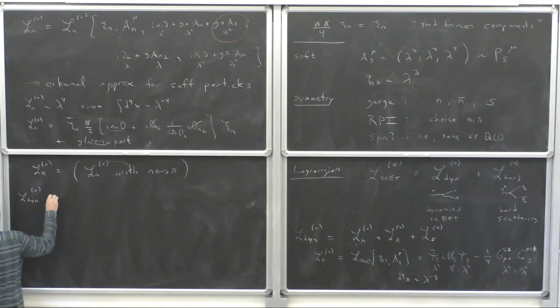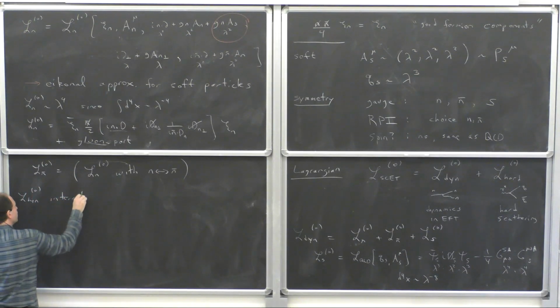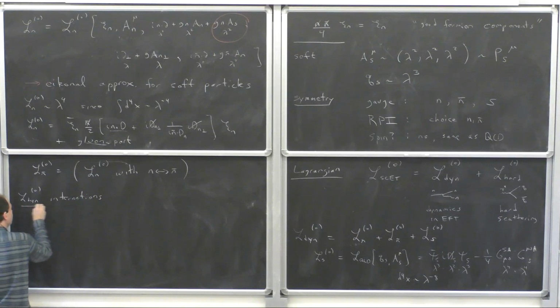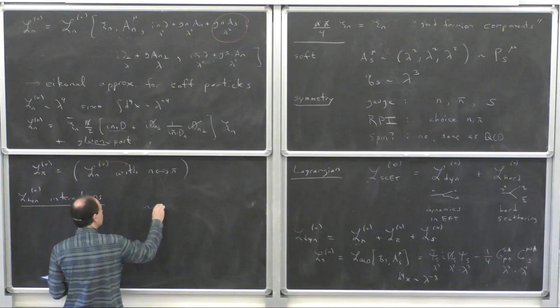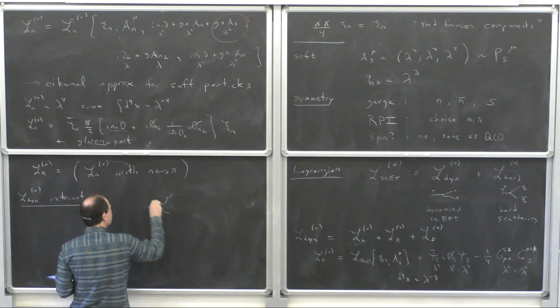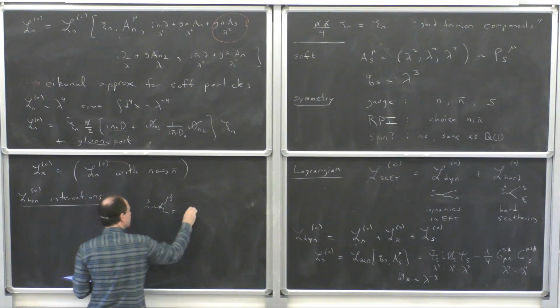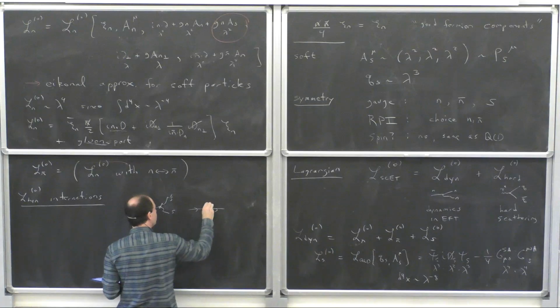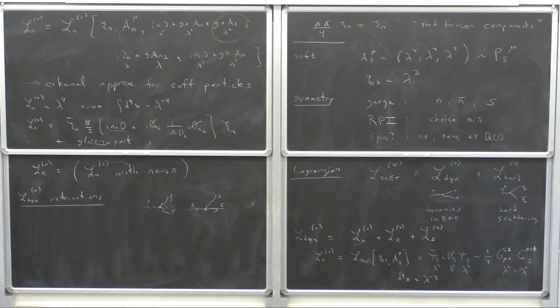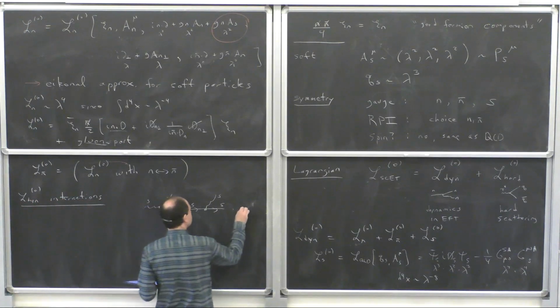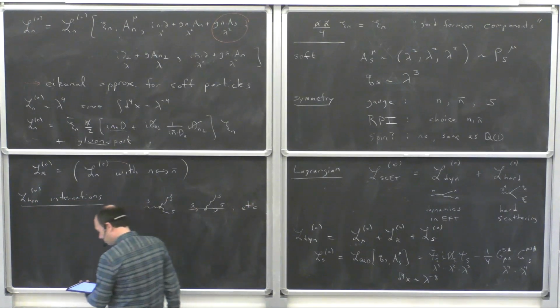Okay, so what about the interactions? Well, we can think about the interactions and get some intuition of whether things make sense. The soft gluon action was just the same as QCD, so all the things that would happen in QCD happen there. If we have soft quarks, they can emit soft gluons. There's a triple gluon vertex, four gluon vertex, etc. I'm not going to write everything.